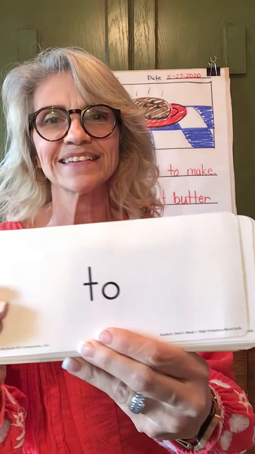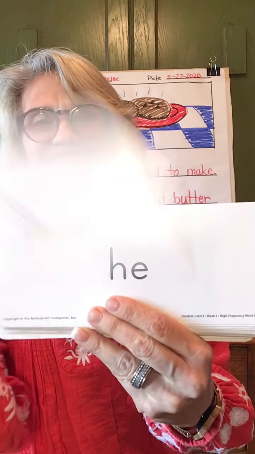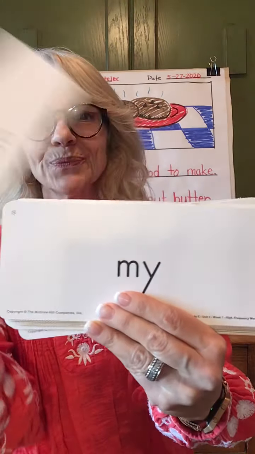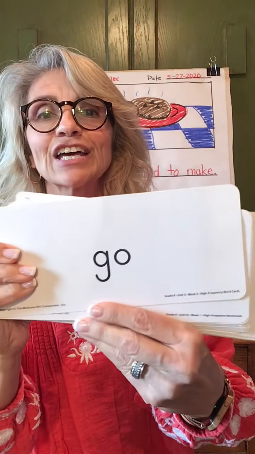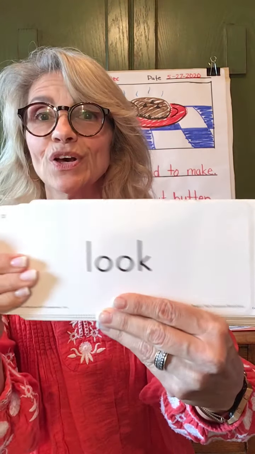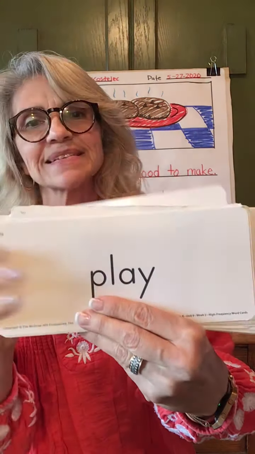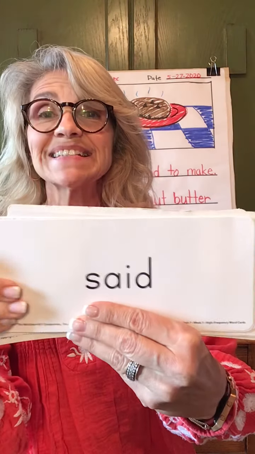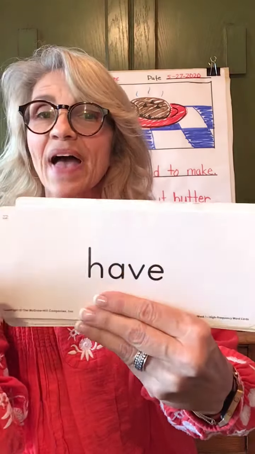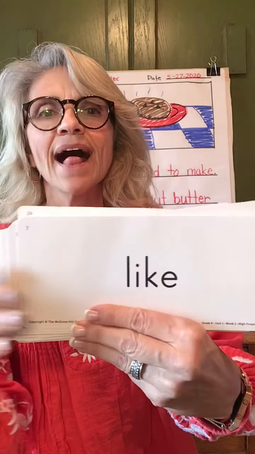Like, a, I, we, and, to, was, little, she, with, is, he, you, do, my, are, see, the, can, go, good, look, who, does, help, to, has, play, where, come, hear, want, said, they, of, have, for, this, me, what, like.